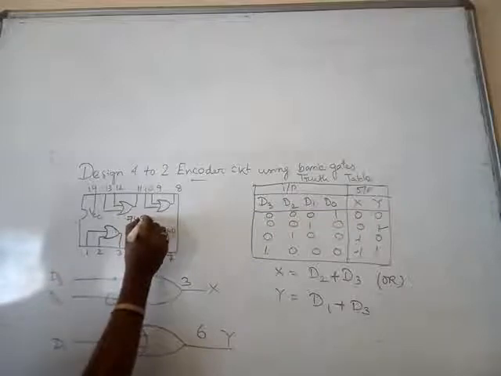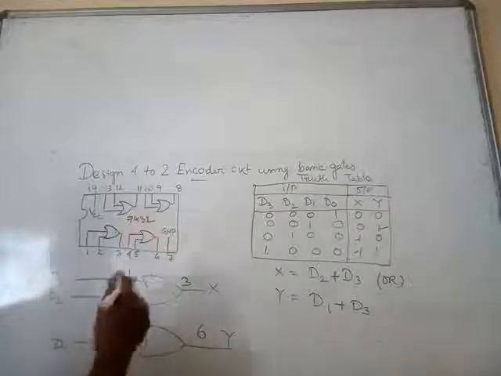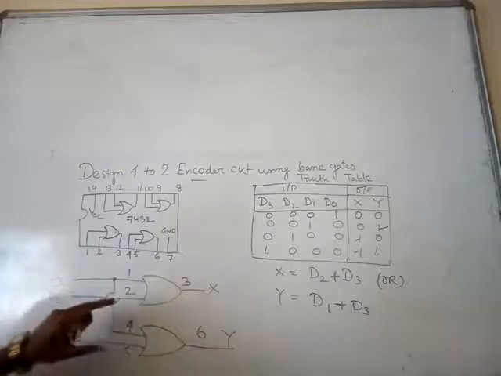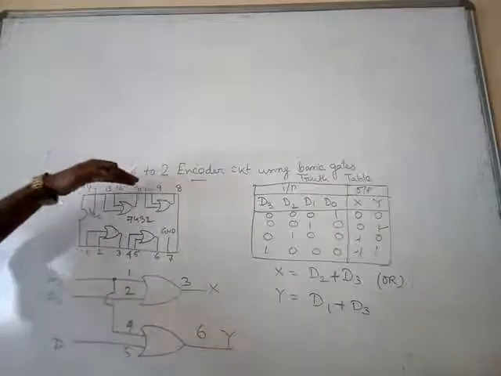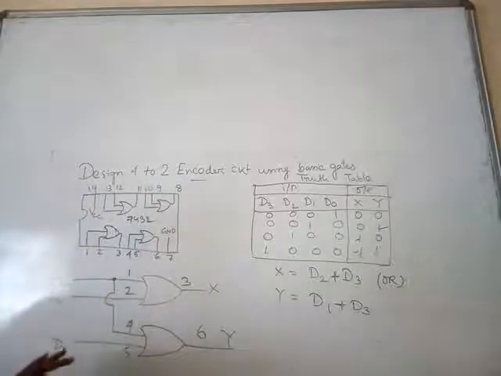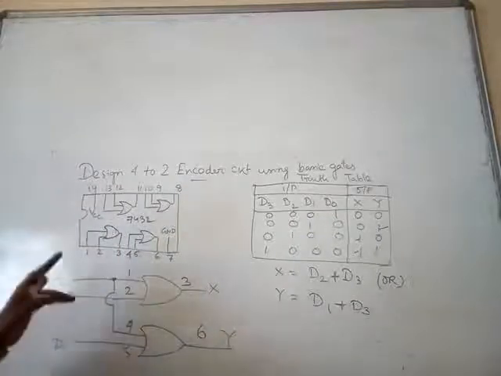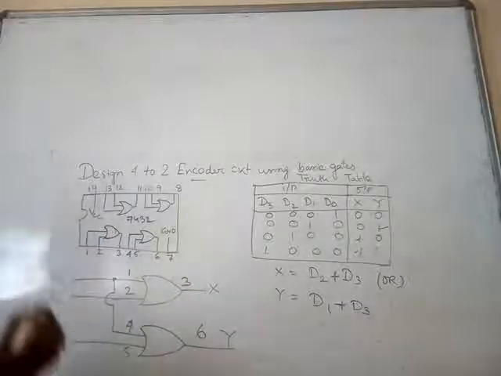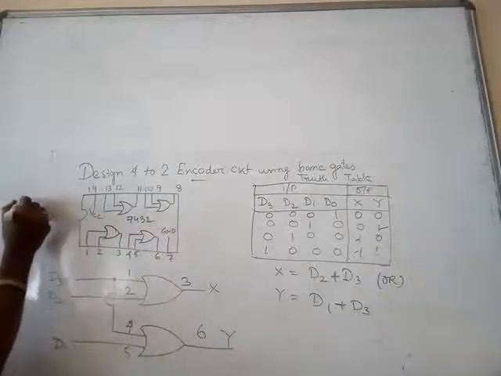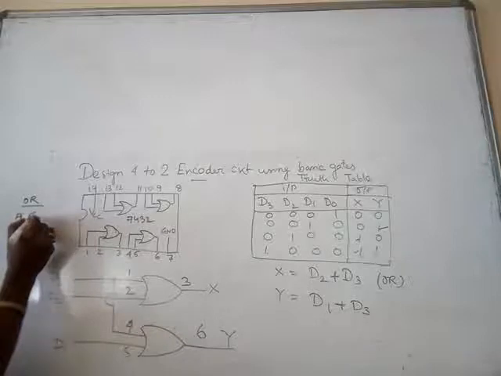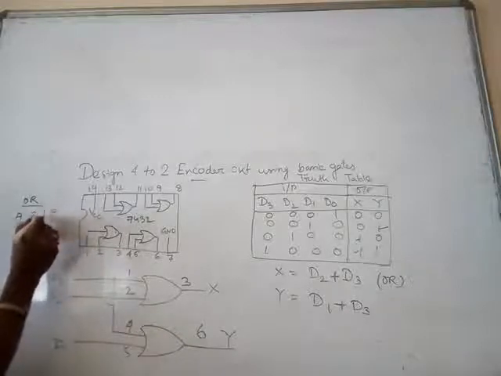To design this circuit, we have to check these two gates. If you take these two gates, then you have to check the gates first. So from this IC, we check these two gates as per OR truth table. Suppose A and B are the inputs and P is the output.